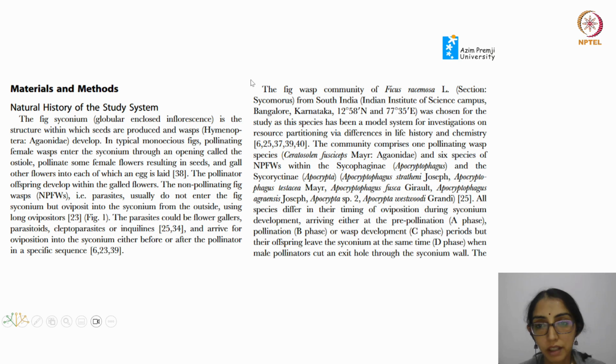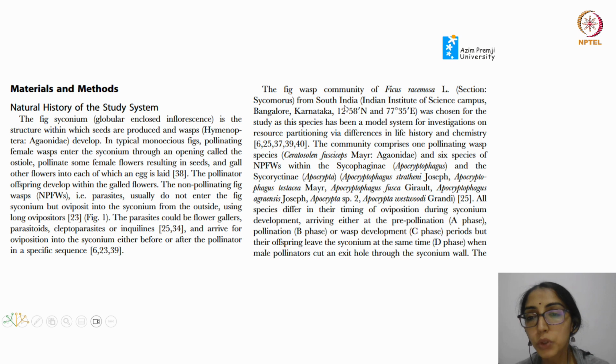And in the second paragraph is where they actually start to tell you what they've done, right? They say the fig wasp community, Ficus racemosa, is from South India, and they tell you that they found them in the Indian Institute of Science campus, Bangalore, Karnataka, and they've given you the latitude and longitude. So, as I said, you should be able to reproduce the exact experiments that they've done.